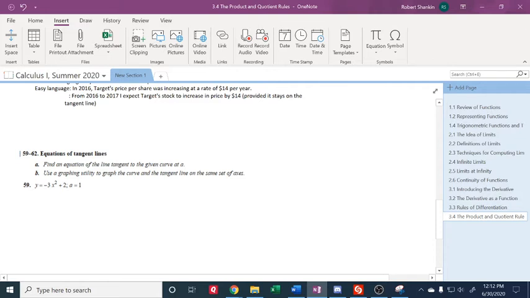Okay, so find the equation of the line tangent to the given curve at A.